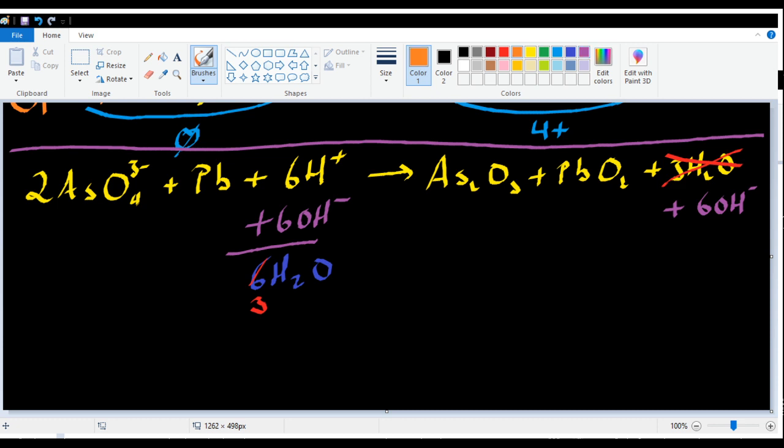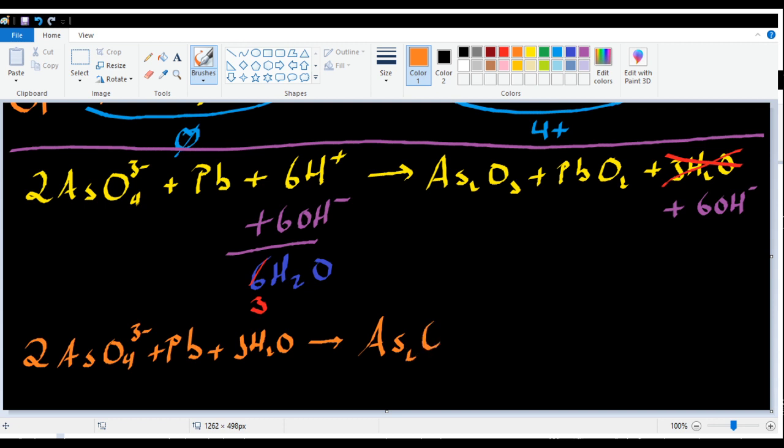And now our fully balanced reaction is going to be that. 2AsO4 3 minus plus Pb plus 3H2O yields As2O3 plus PbO2 plus 6OH minus.